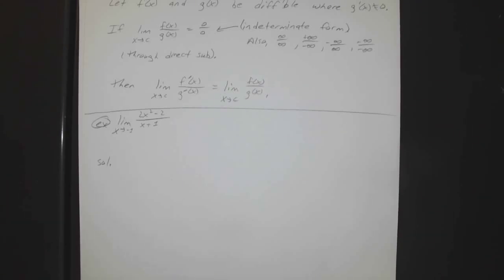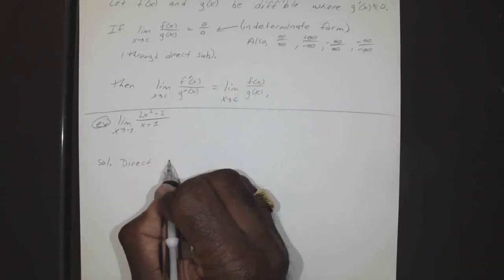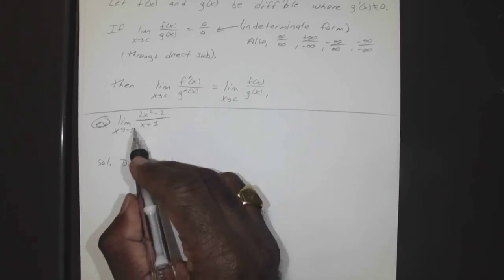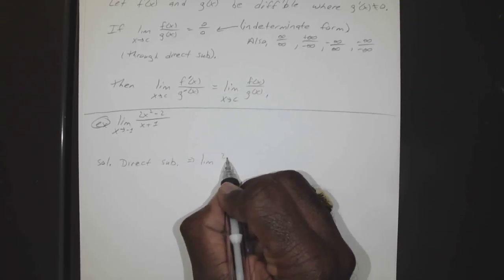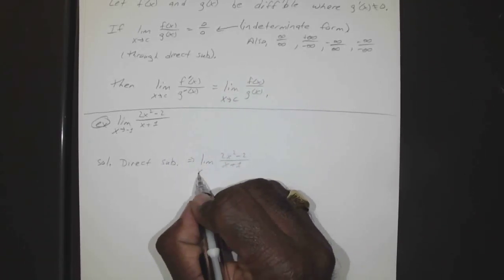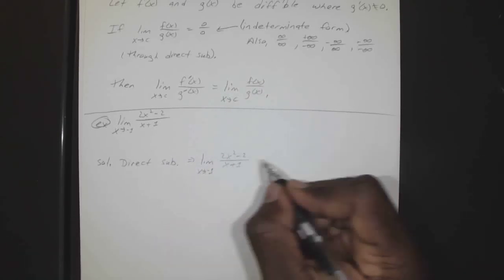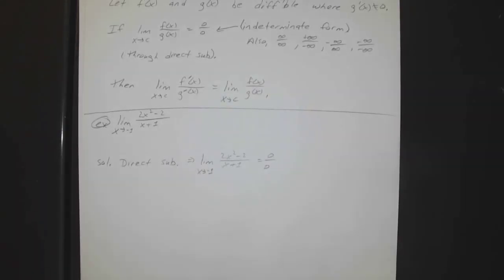Now, if we use direct substitution and we just plug in negative 1, we end up getting 0 over 0, which is our indeterminate form.